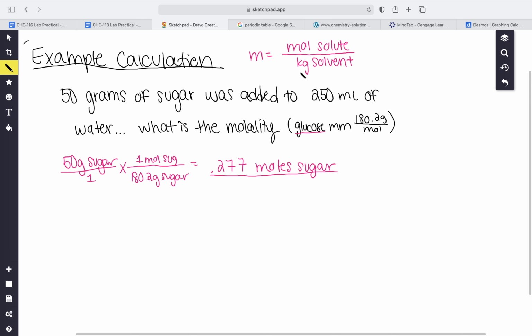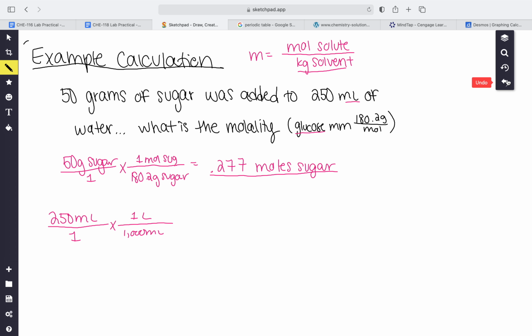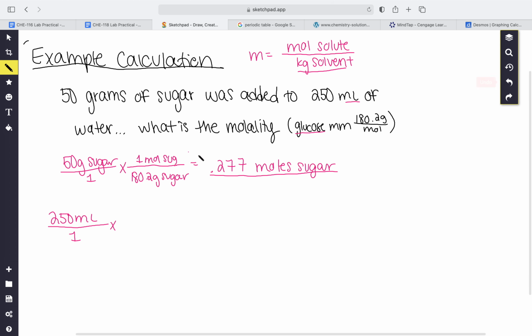And then we have to get to kilograms from milliliters. Okay, so 250 milliliters. First, I'm going to get it into liters. So let's do 1,000 milliliters in 1 liter. Actually, I'm going to put it into what is density? Density is 1 gram per milliliter, right?